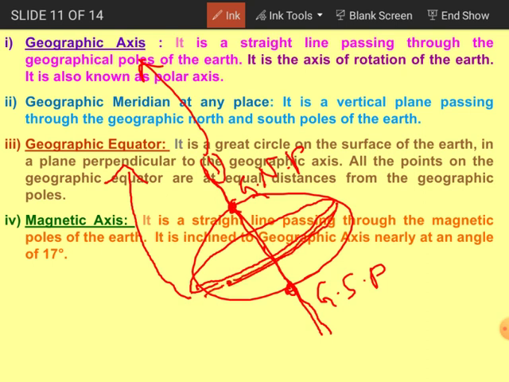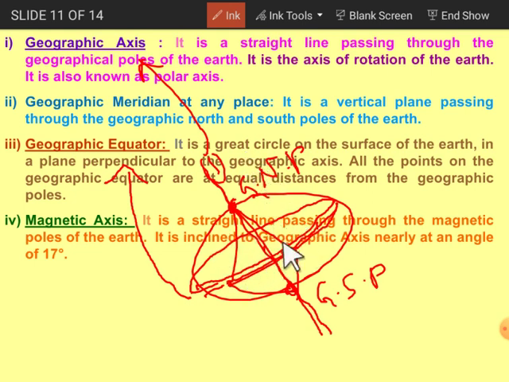You may take it somewhere here or somewhere here, and it will be equidistant from the pole. If you draw that circle, it will be the largest circle, and we say that it is a great circle on the surface of the earth.